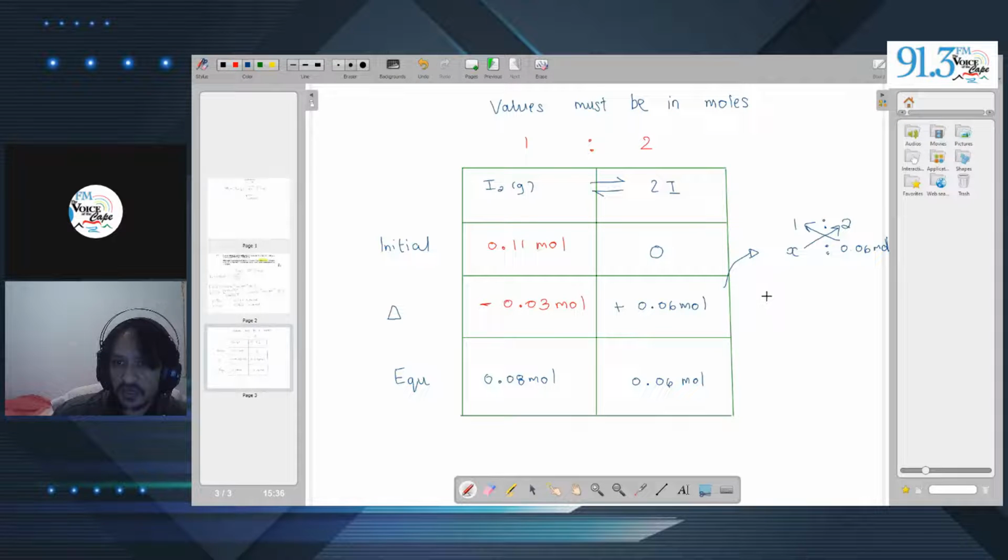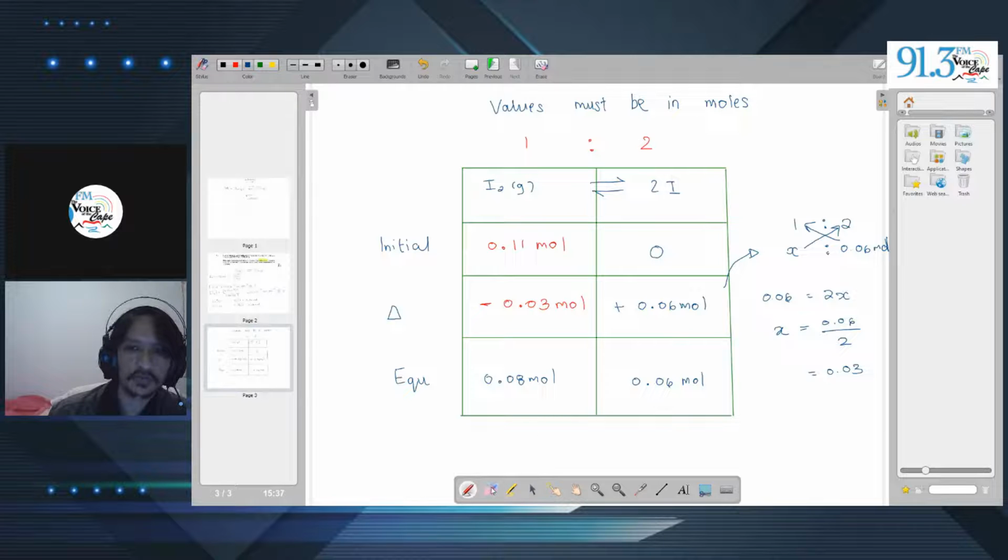We end up with 0.06 equals 2x. We find that the value of x is just 0.06 divided by 2, which gives us 0.03. And see, it matches, right? So that's just the thinking behind it. Very, very simple, very easy. It's not too complicated at all. You just look at the molar ratios. That's how easy it is, okay?